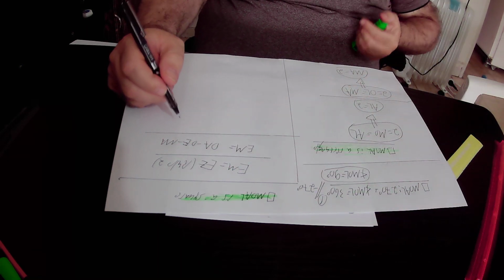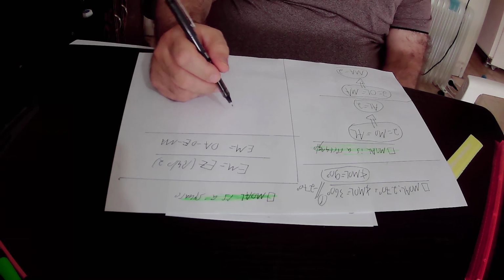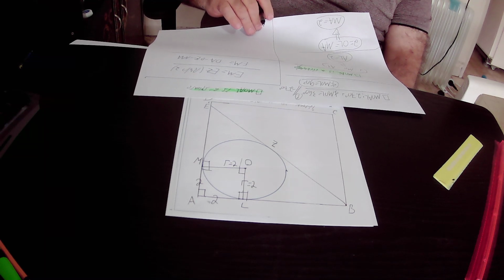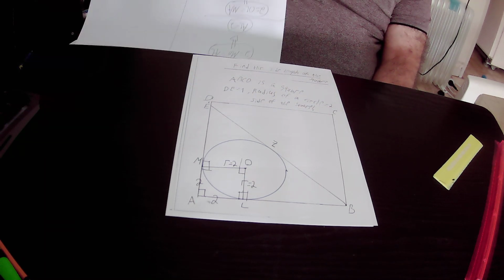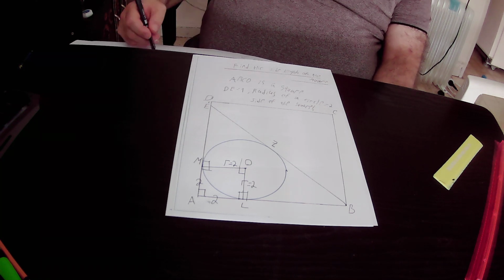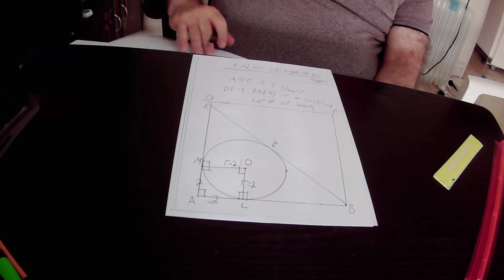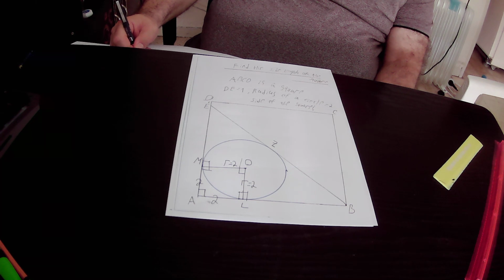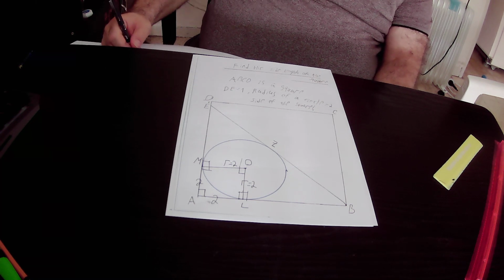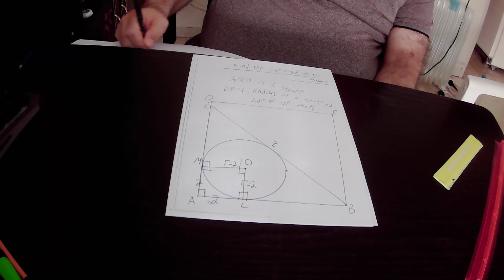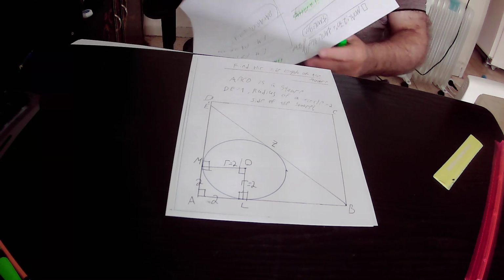Okay, so we will define the side length of square ABCD as X. That is to say, DA is equal to AB, and it is equal to BC, and it is equal to CD, and according to our definition, it is equal to X. I'll repeat again.